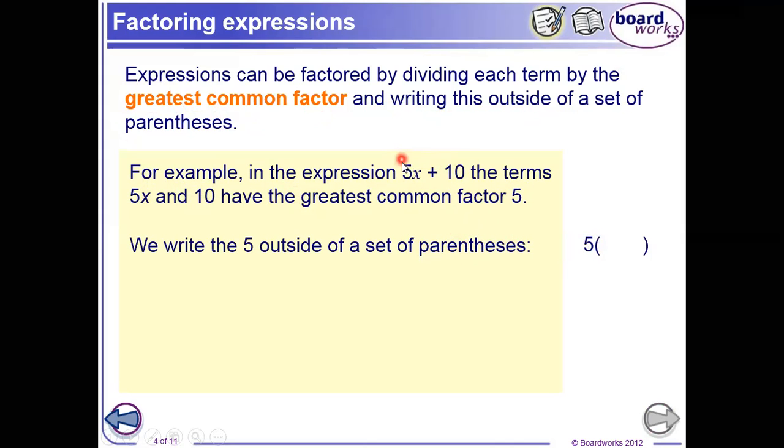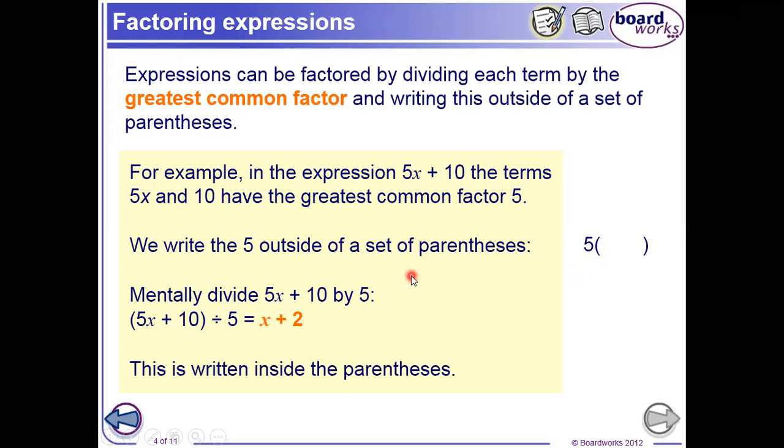Since 5 is common to 5x and 10, we write it outside as 5, and then inside the brackets, we divide 5x by 5 and also divide 10 by 5. What remains is what we put inside the bracket. If we divide by 5, we end up having x plus 2. This implies that we write our answer as 5 into x plus 2. So this is our answer.